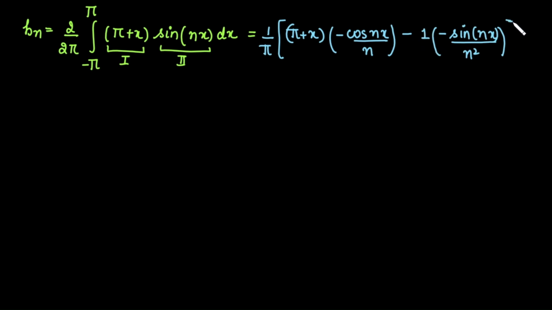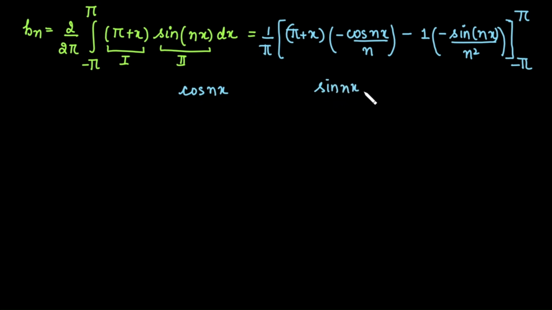Derivative of 1 is 0, so there is no need to calculate the next term, and the limits are from minus pi to pi. So observe cos nx and sin nx for both the limits.